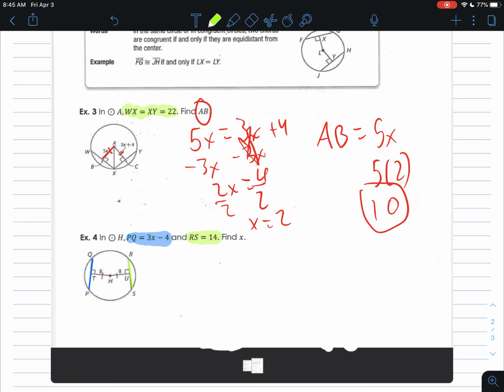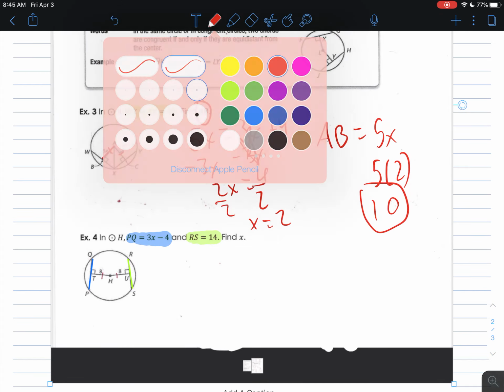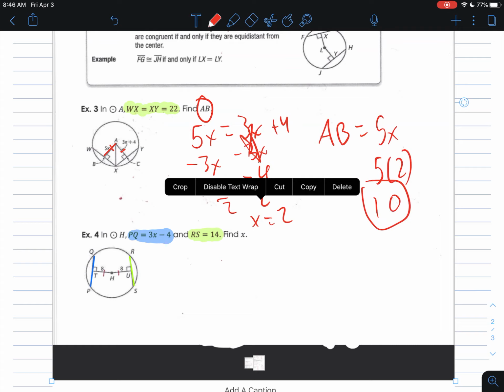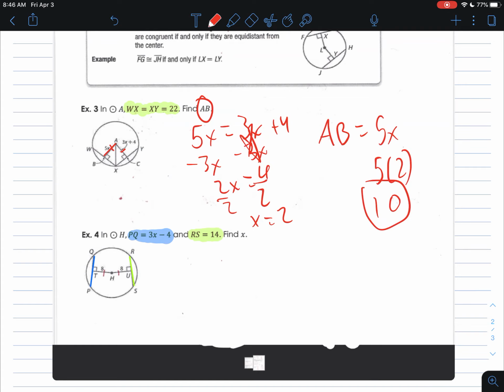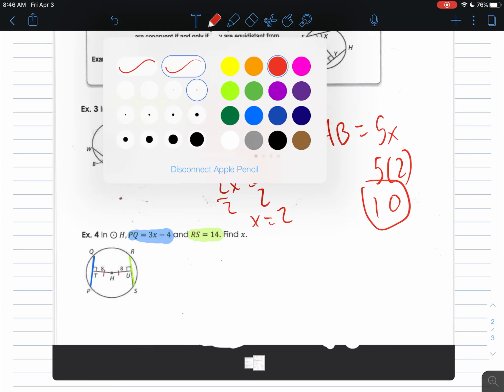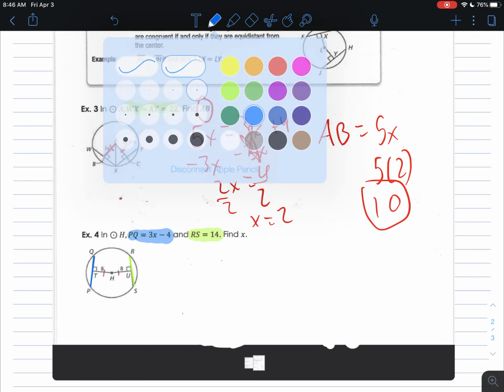They're going to be the same because we know that this right here is coming from the center, and if it hits these two chords at the same spot to make a 90-degree angle, that means that they're congruent. Okay, in saying that, it becomes very easy.